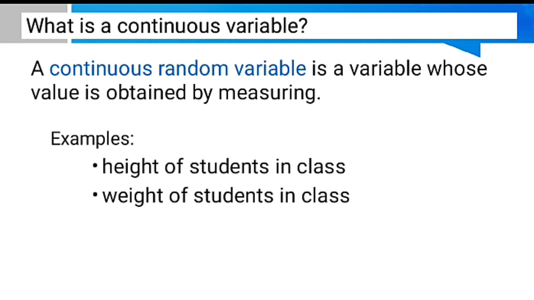Meaning from 40 to 70 kilograms. From 50 to 60 kilograms. Okay, meaning the weight of grade 11 UMS and ABM students belongs in this range or in this bracket from 40 kilograms to 70 kilograms.